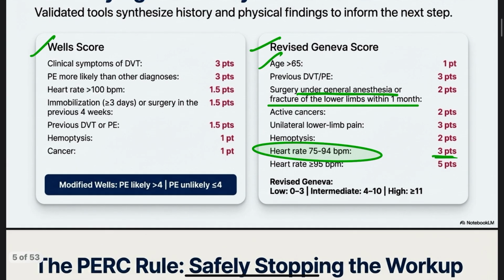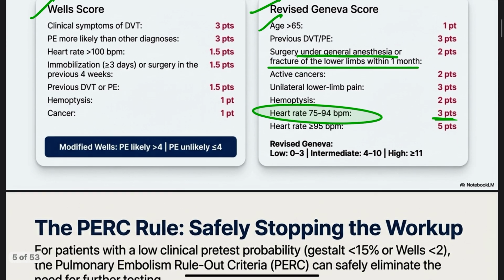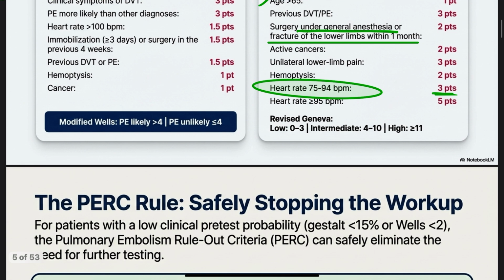So the revised Geneva score has extra age and heart rate of 75 to 94, with general anesthesia being a risk factor and fracture being a risk factor. You can use any score you want, but revised Geneva is easier and better compared to Wells because they have added many new criteria. Low is 0 to 3, intermediate is 4 to 10, and high is more than 11.